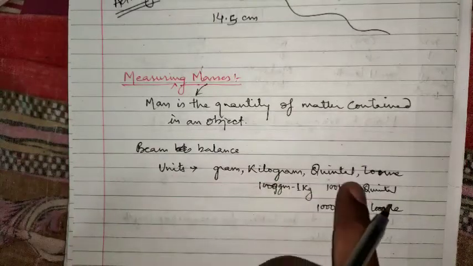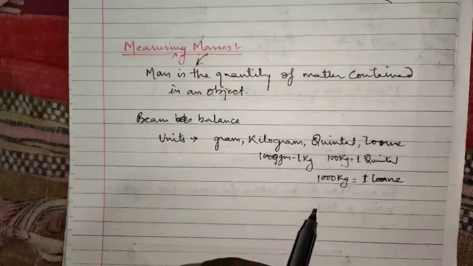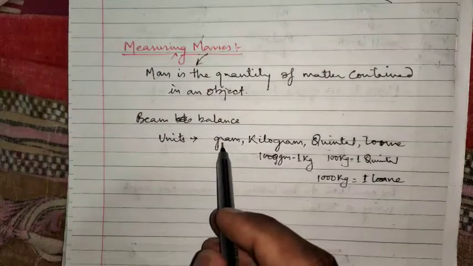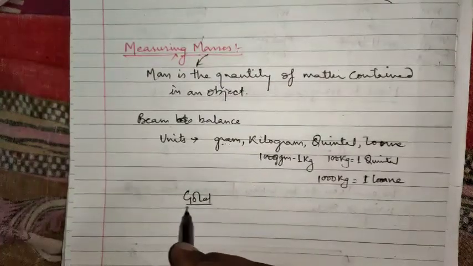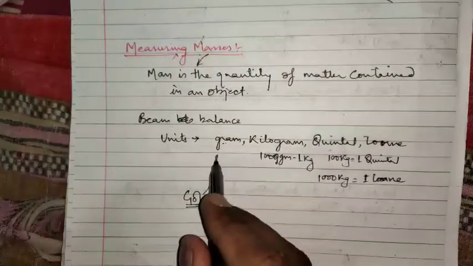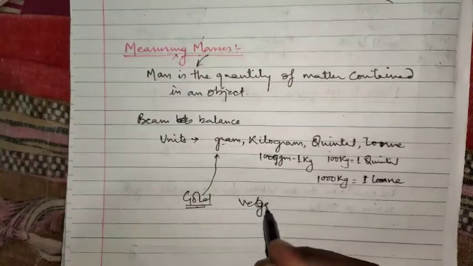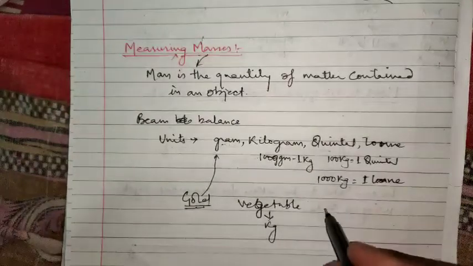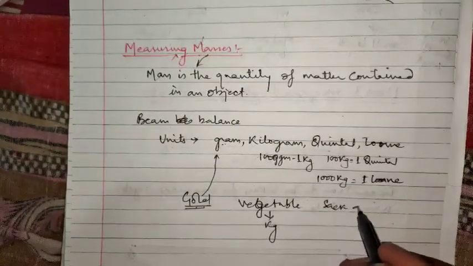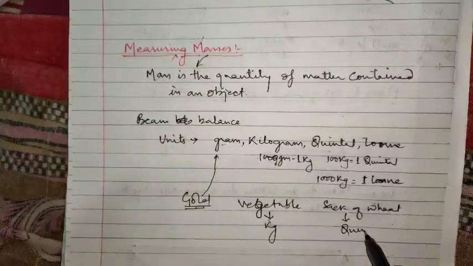We will use the unit as per our convenience. If the object is small and light in weight, then we will use gram. Suppose we want to measure gold, so basically gold is measured in gram. If we want to measure vegetables, they are measured in kg. If we want to measure a sack of rice or a sack of wheat, that will be measured in quintal.